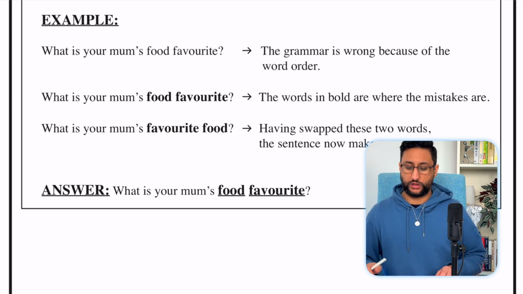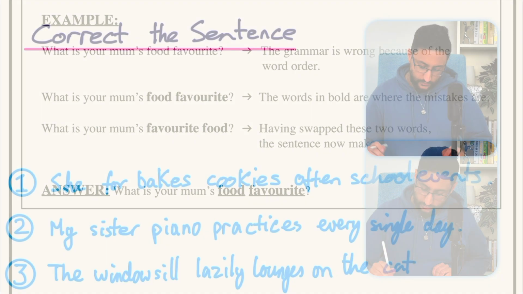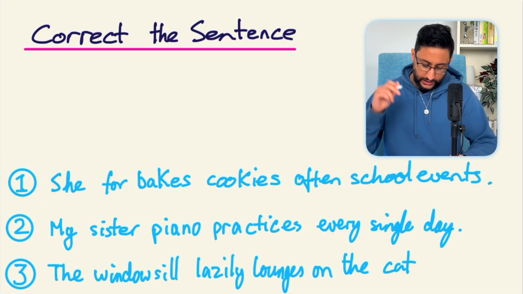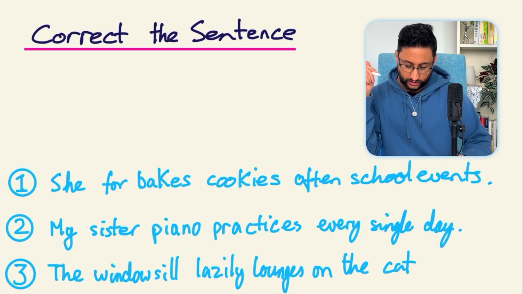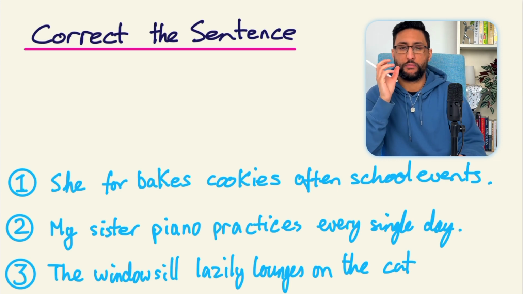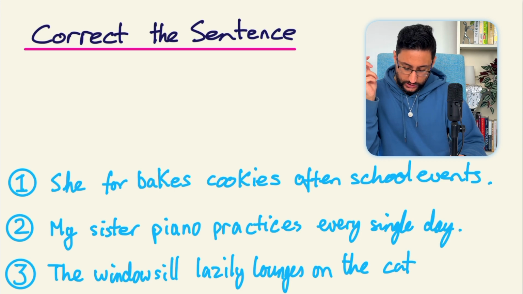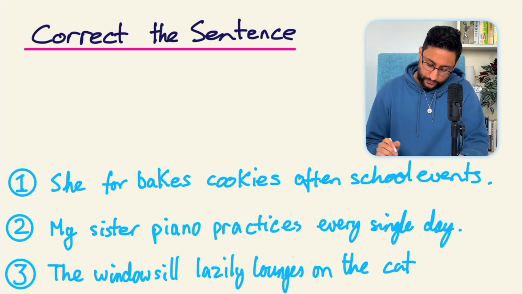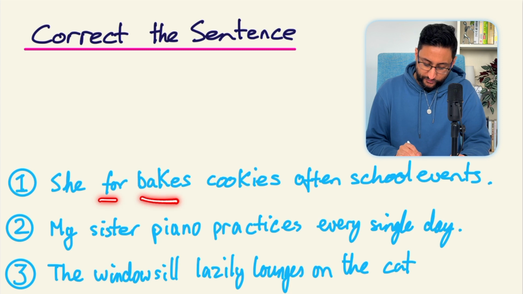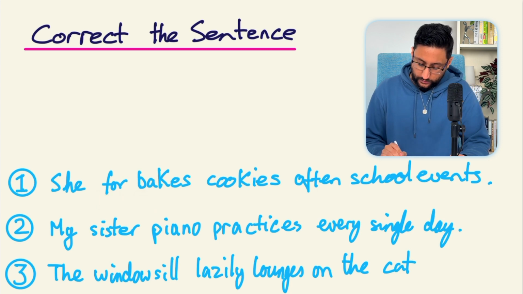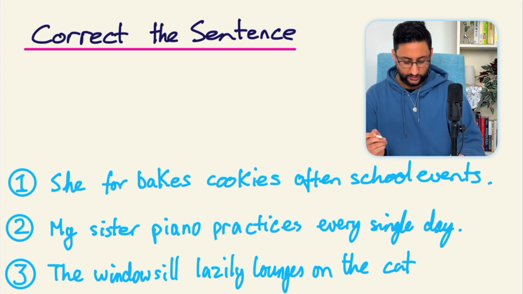So let's go on to some examples that we've created for this video. The first one we have is: she bakes cookies often school events. Now, it might be a bit tricky to find out which two are swapped around in this question, but if you look at the context, you're going to be baking for something, and you can see that "often school events" doesn't really make grammatical sense.